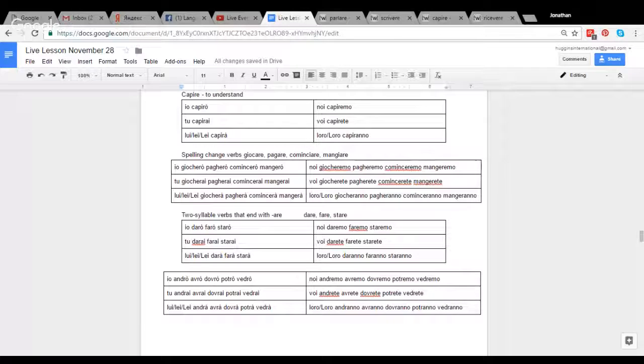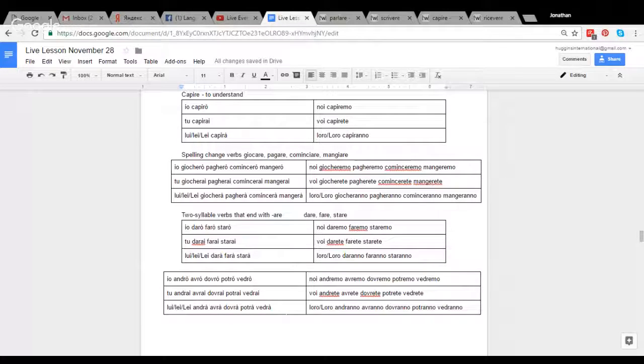Other examples that I couldn't fit on the page. Verrò, vorrò, andrai, avrai, dovrai, potrai, vedrai, verrai, vorrai, andrà, avrà, dovrà, potrà, vedrà, verrà, vorrà.